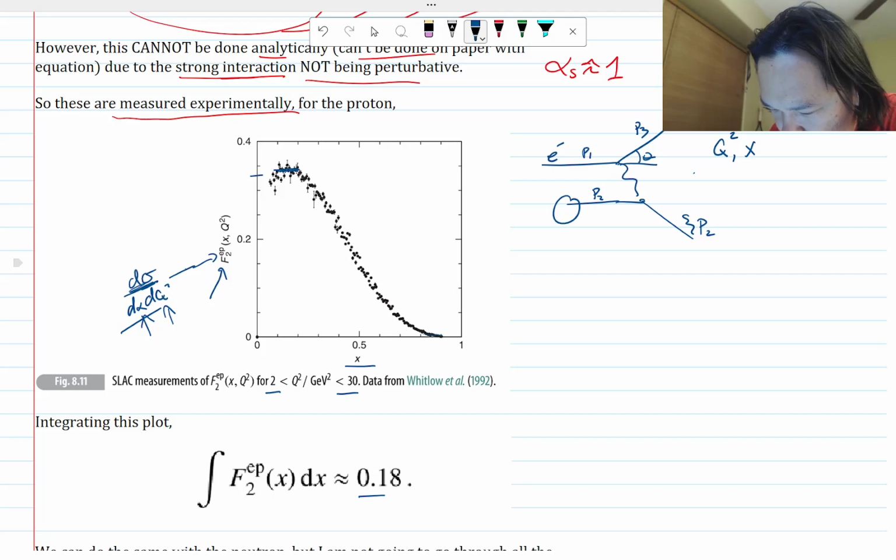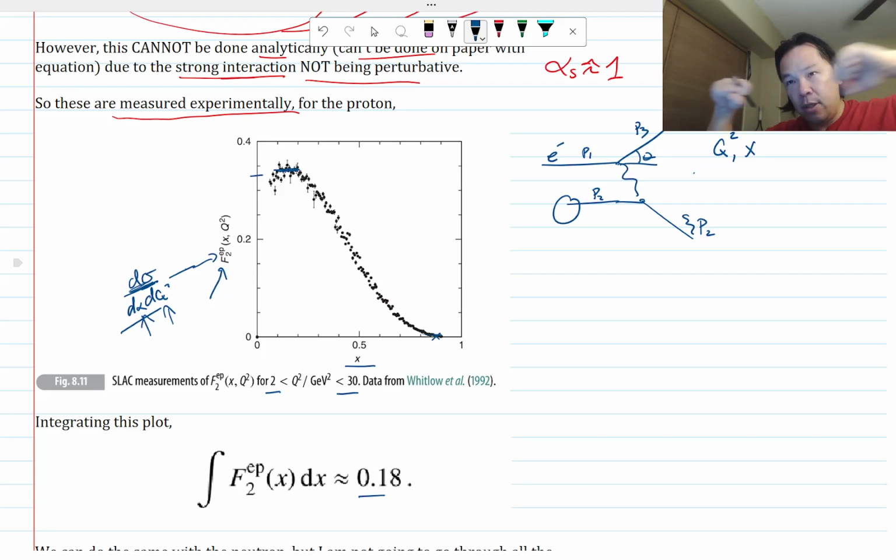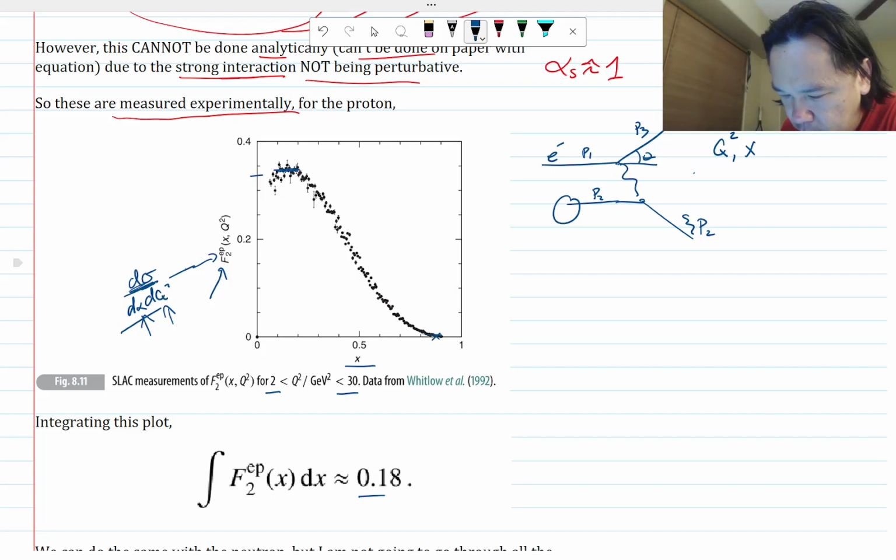And then as you increase x, you actually lose this cross-section. Remember, as you increase energy in the collision, it's less and less likely they would actually interact with each other. The cross-section goes down as the center mass energy of the scattering increases. So this decrease makes sense.